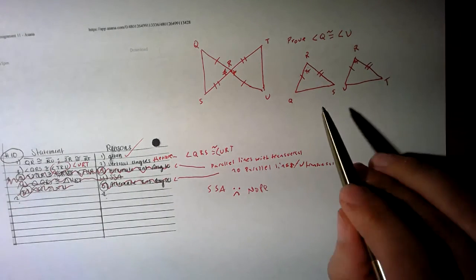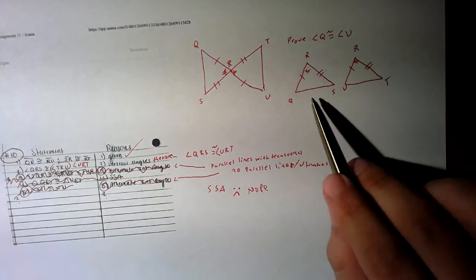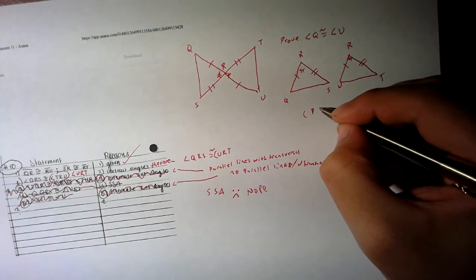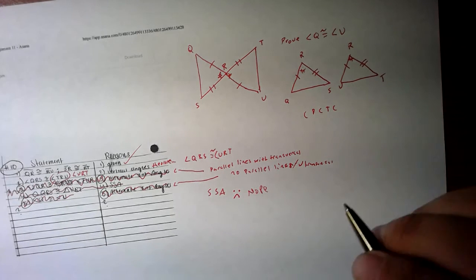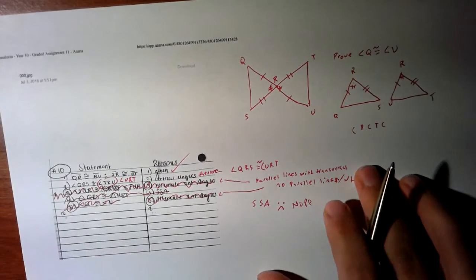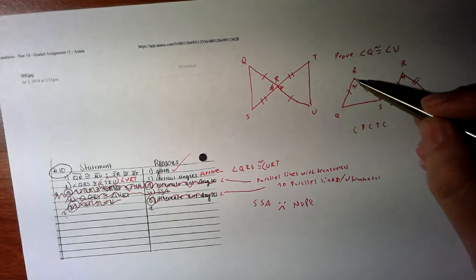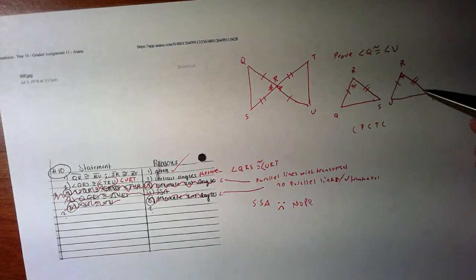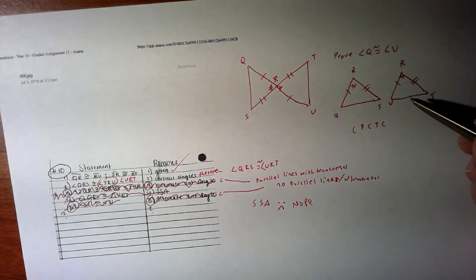But remember that once you prove that two triangles are congruent, then you can use CPCTC, which stands for corresponding parts of congruent triangles are congruent. Okay? So that means that all of the corresponding parts, like angle S would be congruent to angle T. And we would just need to look at what we're trying to prove, right?